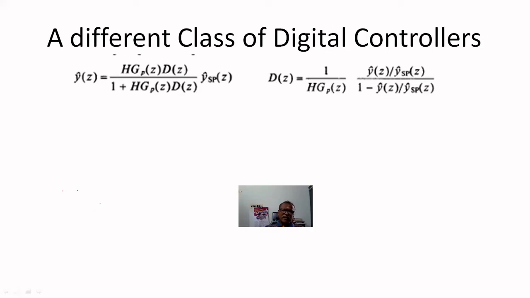In the same line, we designed a digital PID controller also. In addition to that, because of computing facility, we can design many digital controllers. We will see that one by one.